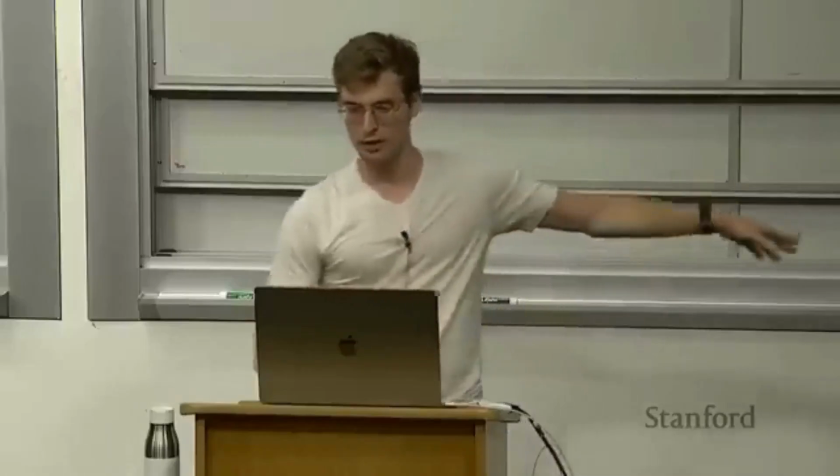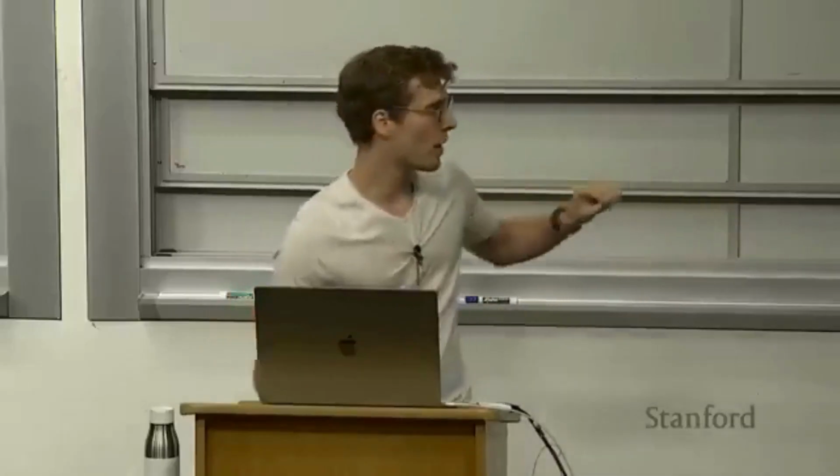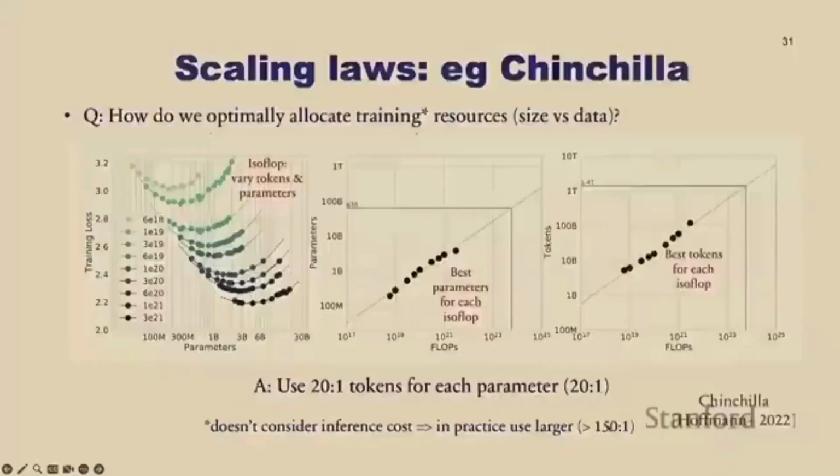So actually, if you consider the inference cost, there are other papers that try to show that it's around 150 tokens per parameter, because you prefer having a smaller model, since over time you're going to spend less money on inference of these models. So 150 to 1, that's around what the best models are trained on right now, at least the ones that are used in practice in production.